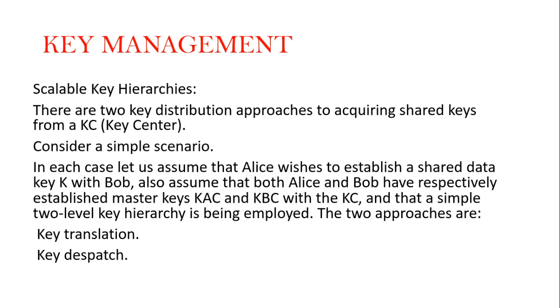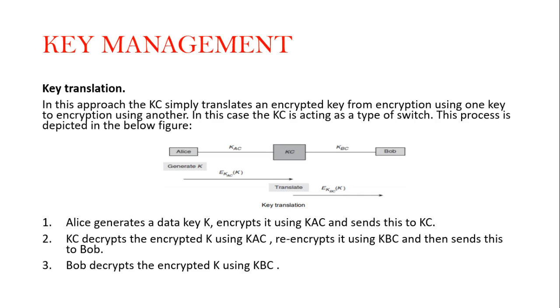The two approaches are key translation and key dispatch. So how to translate the key securely, as well as how to dispatch it to an authorized user. Let us discuss the first, key translation.